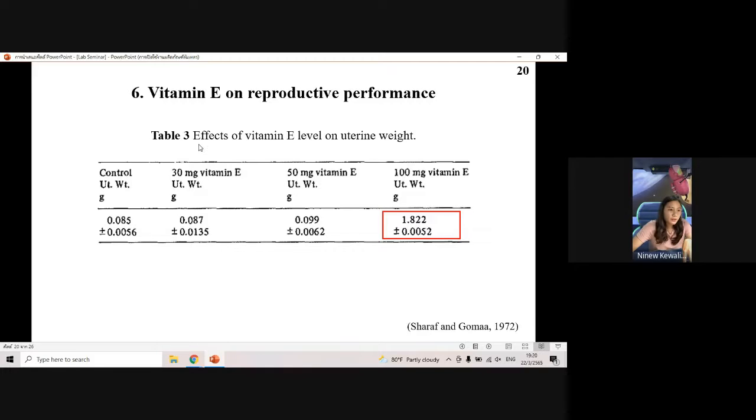Also, this table shows the effect of vitamin E level on uterine weight. We can see that when supplementing 30 milligrams, 50 milligrams, and 100 milligrams, the 100 milligram vitamin E group has the highest uterine weight of all groups. Because vitamin E can enhance the development of the uterus, it results in the highest uterine weight.